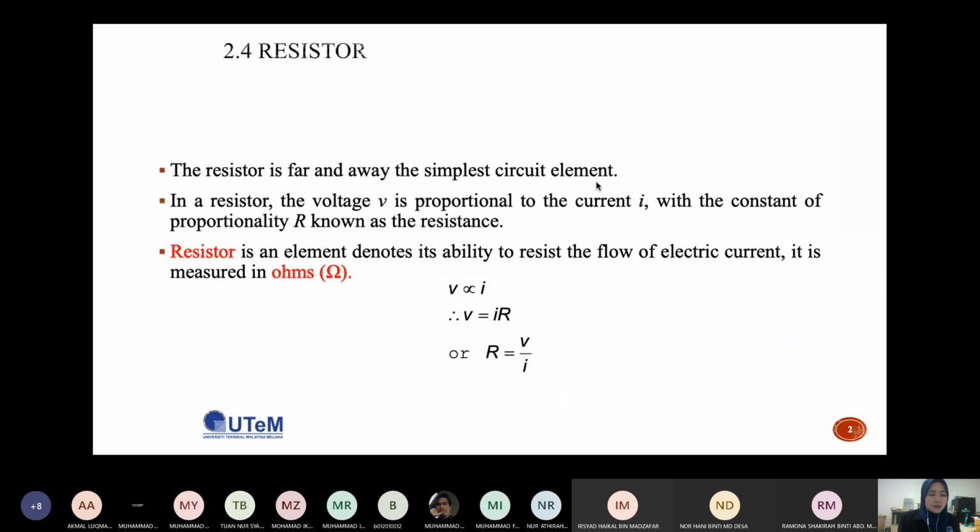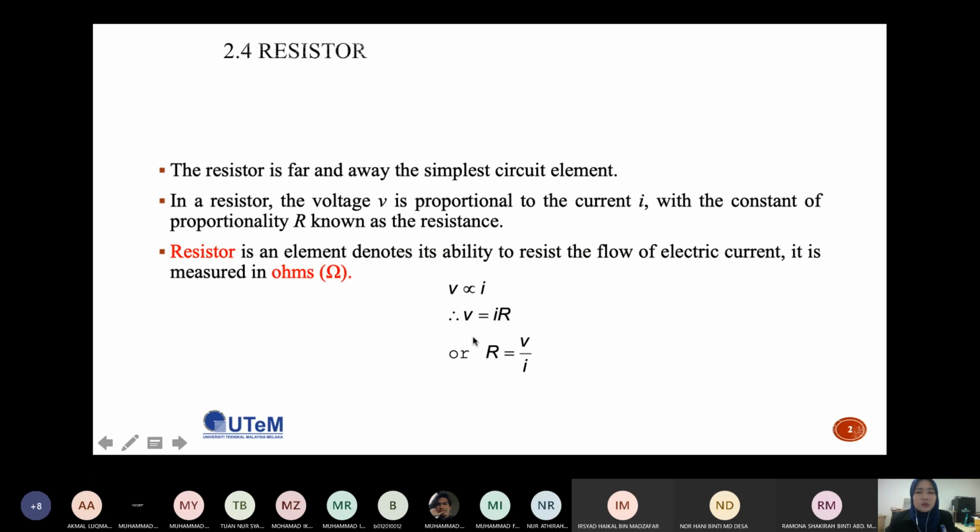Subchapter 2.4 is resistor. I'm sure you know what a resistor is. Perintang. The resistor is the simplest circuit element.